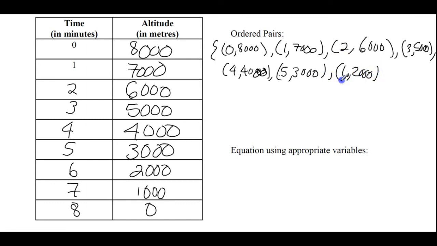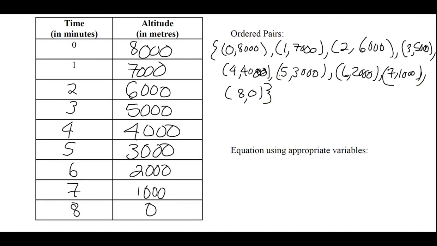And remember, ordered pairs are enclosed in parentheses. 7, 1,000. And lastly, 8 minutes, an altitude of 0. And close off the set.